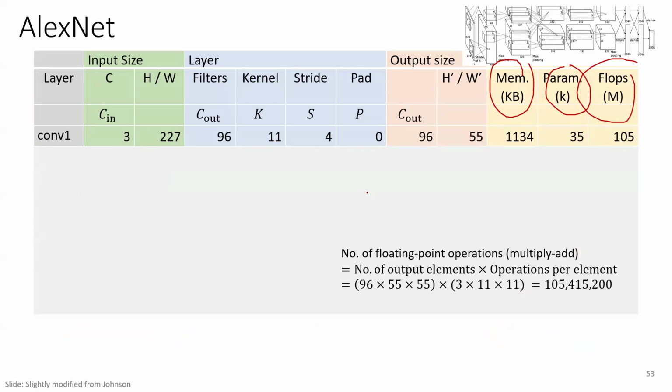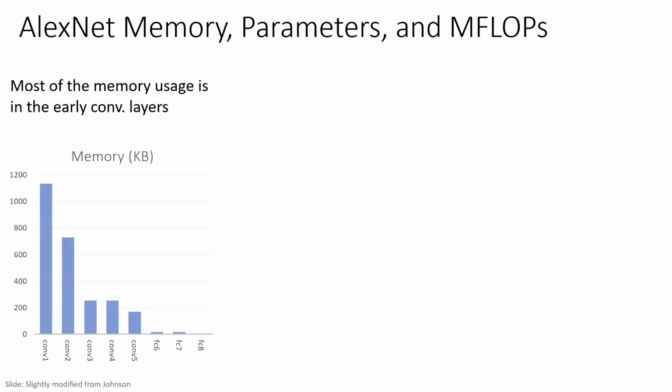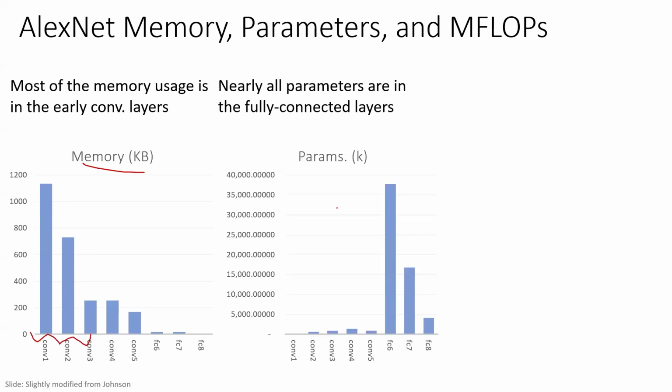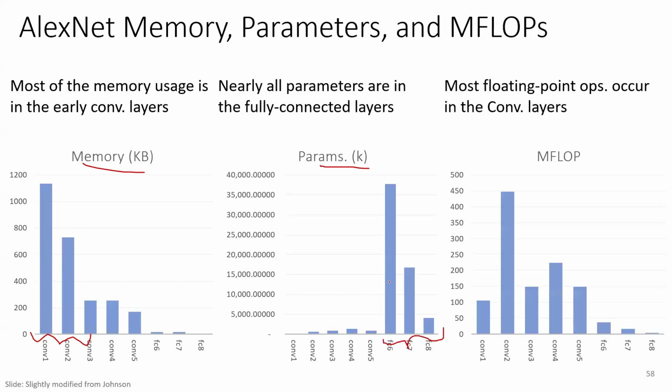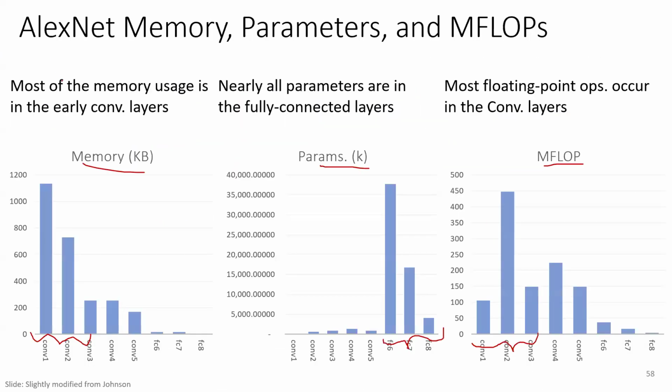Finally we got graphs and understood that the memory is quite large at the early layers, the number of parameters required is higher at the fully connected layers, and the number of floating point operations, that means the computations, are higher in the early convolution layers. We identified that, and then we stopped the class at that time.